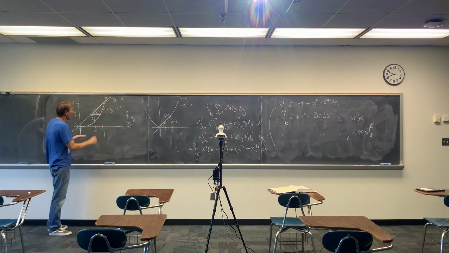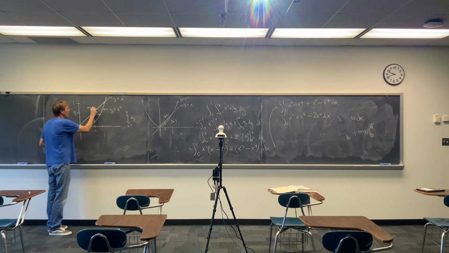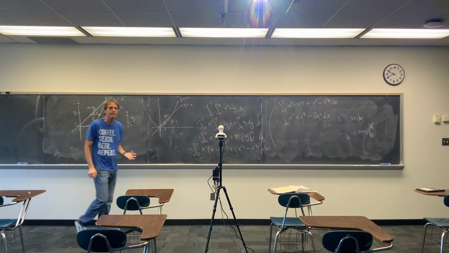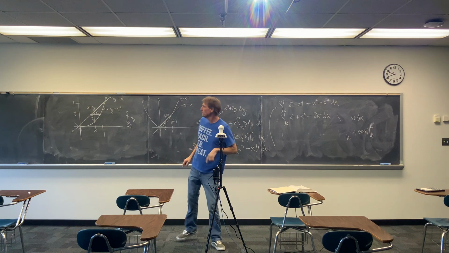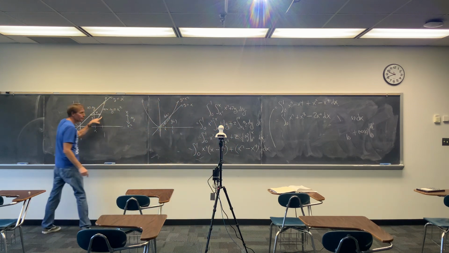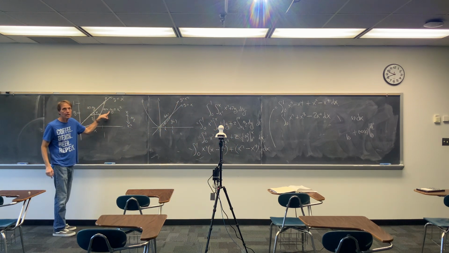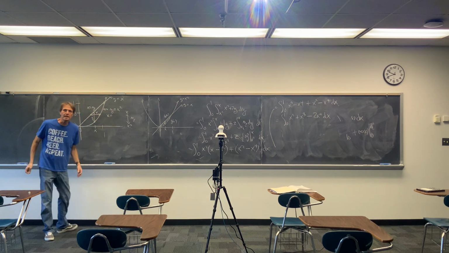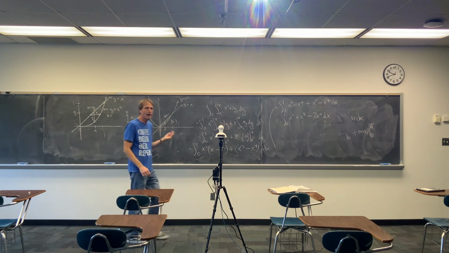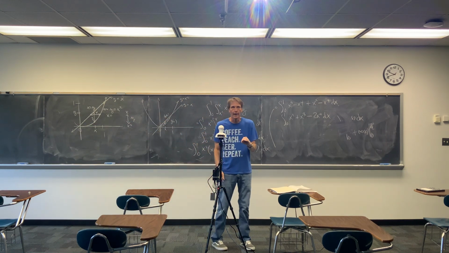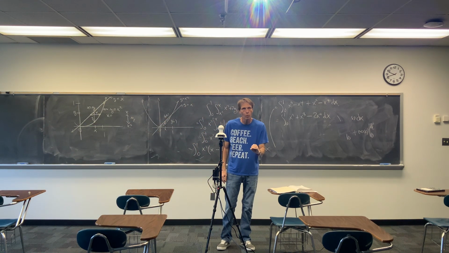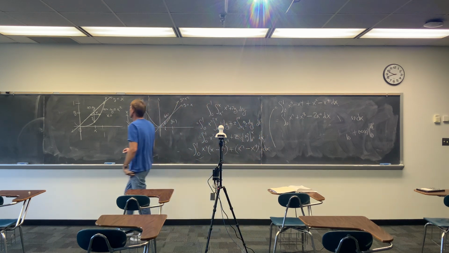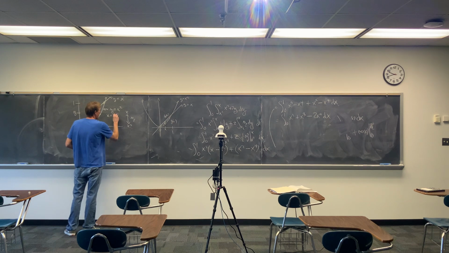If y is equal to x, then just turn it around: x is equal to y. The other one is different. If y is equal to x squared, then x would be equal to what? The square root of y.